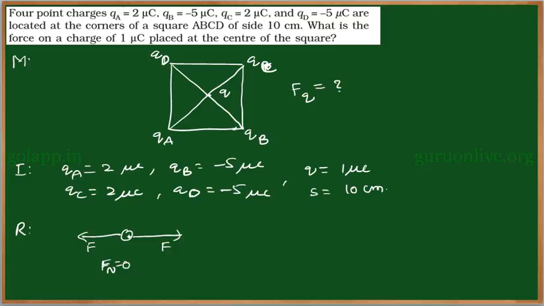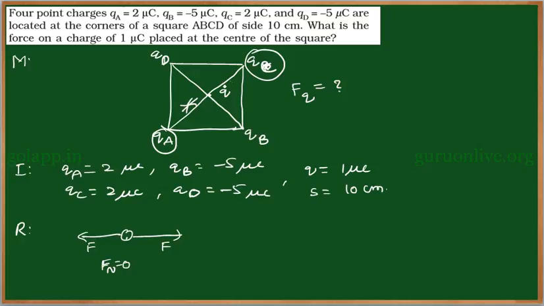If we consider the same for the given problem, here QA and QC are the same. Those are applying force on charge Q. QA and Q are positive charges, so there will be a repulsion between these two charges.